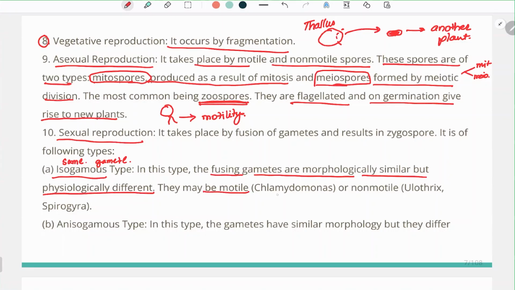They may be motile like Chlamydomonas and non-motile as in Ulothrix and Spirogyra. Isogamous gametes have the same size, shape, and structure, but they are physiologically different. It means one will be male and the other will be female. So if a fusion takes place between similar gametes, it is termed isogamous.